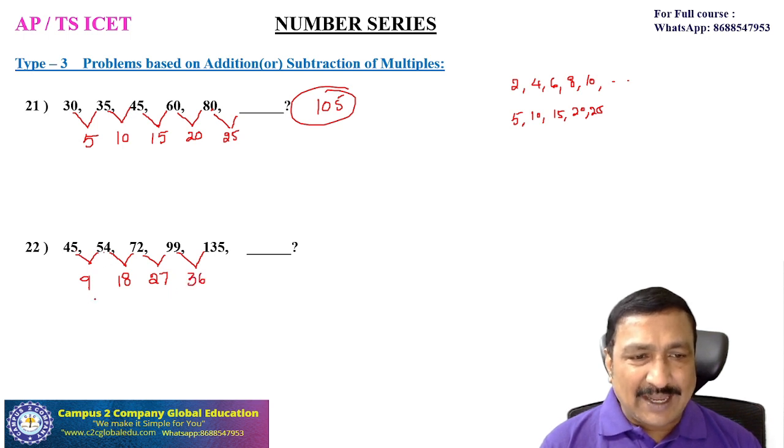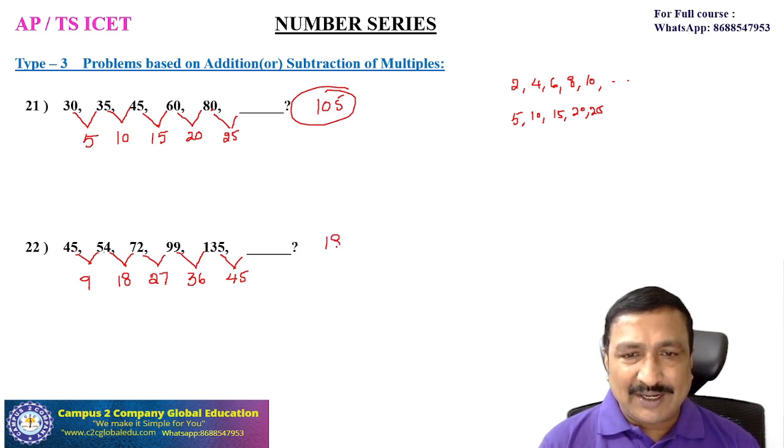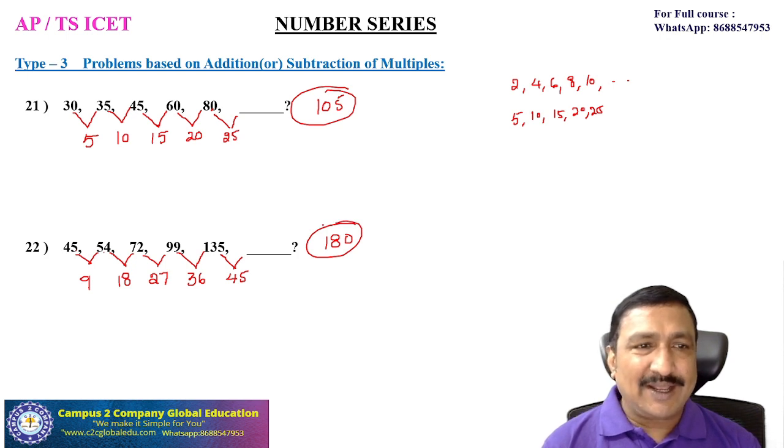So if you look at 9, 18, 27, 36, these are the multiples of 9. So increased by multiples of 9. The next multiple of 9 is 45. So we should add 135 plus 45. 135 plus 45 is equal to 180. So the answer for this question is 180, friends.